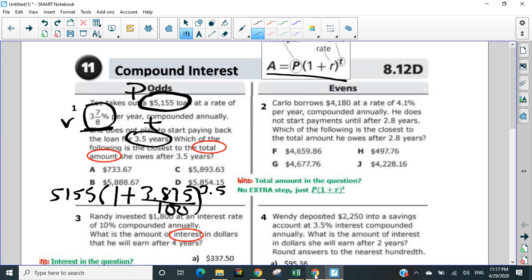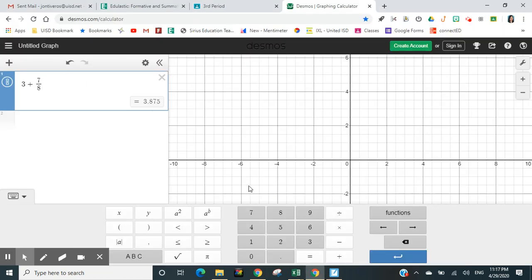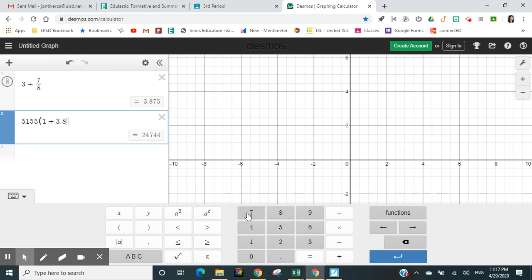Okay, now here we go. 5,155, open the parentheses, 1 plus 3.875 out of 100, move to the right, close the parentheses, and then we're not going to put the square, we're going to put the a to the b power to go up and put a 3.5.